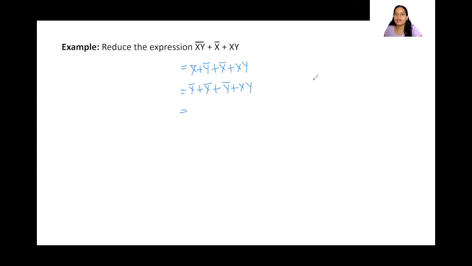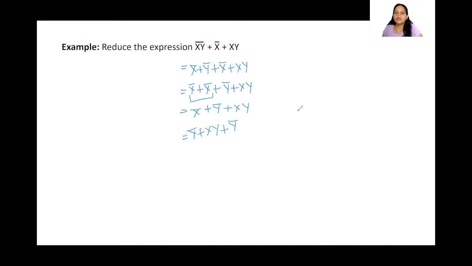Now we know that same variable, X plus X, is nothing but X. So this X bar plus X bar I can club together and write it as X bar, and I'm left with X bar Y bar plus XY. Okay. Now let me reshuffle and write this as X bar plus XY and Y bar.